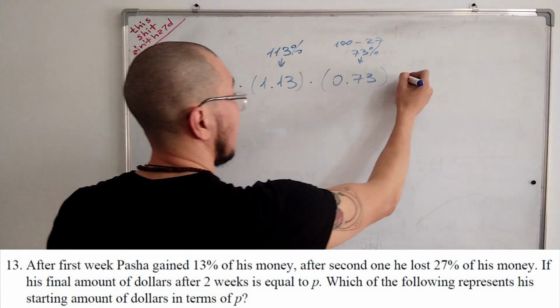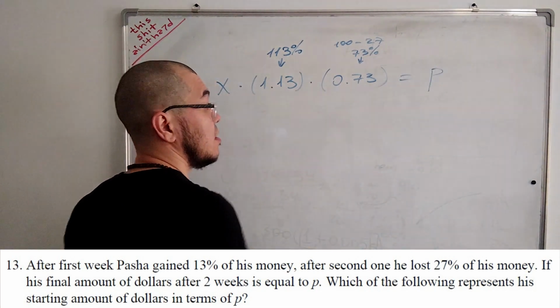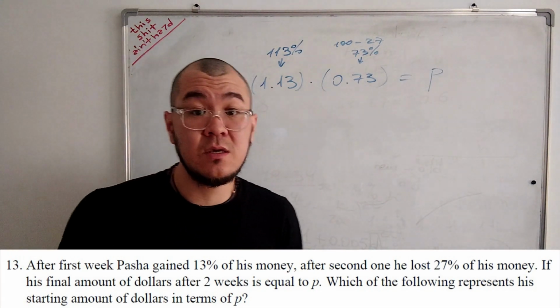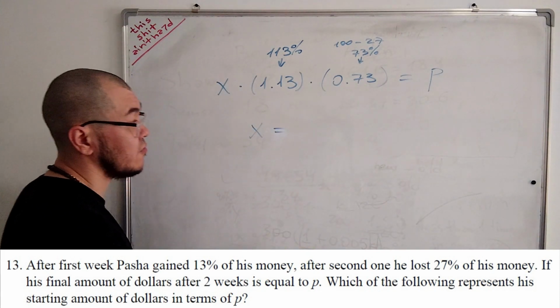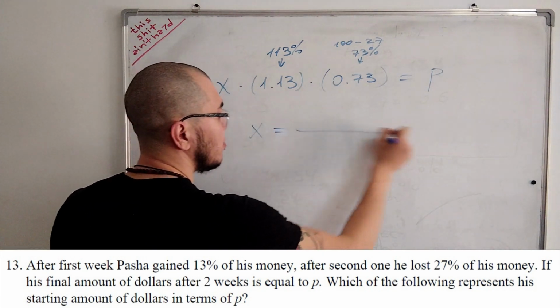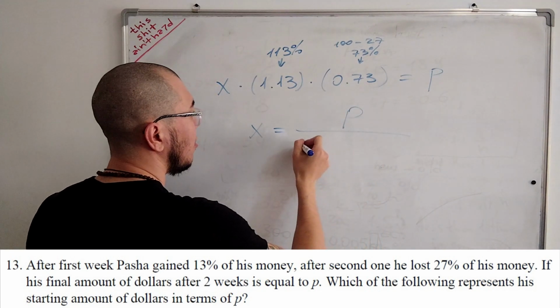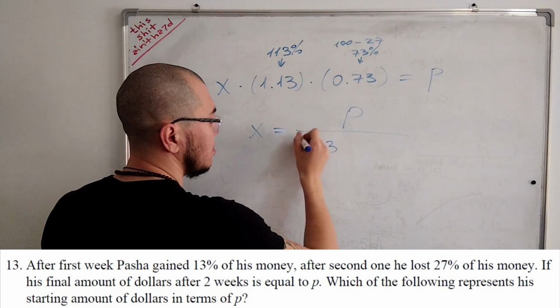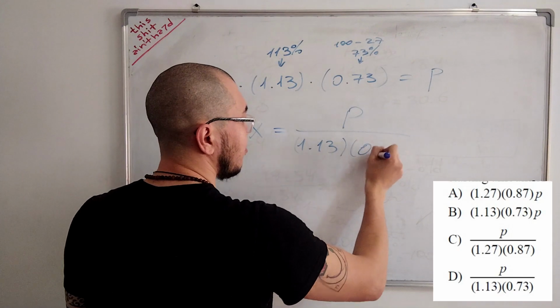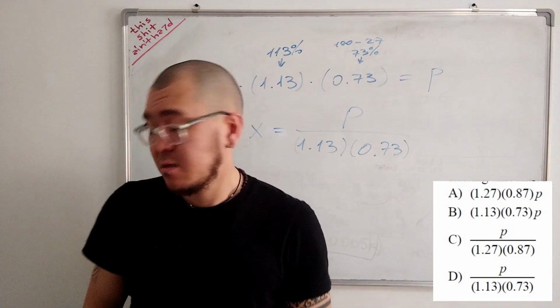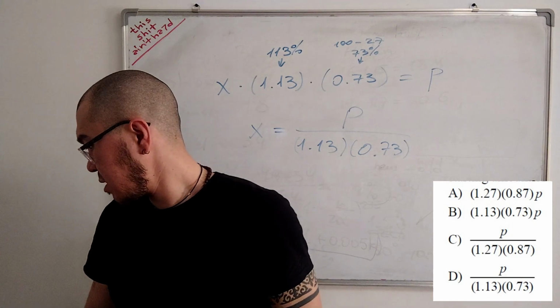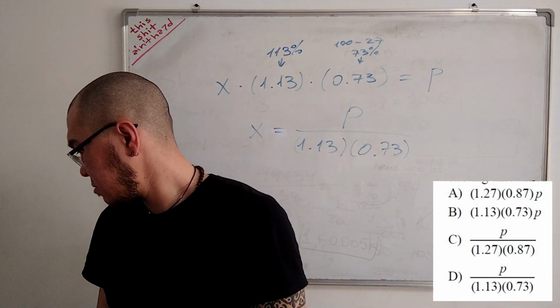And after these 2 weeks, he has P dollars left. So the starting amount of money will be equal to P over 1.13 times 0.73. Easy one, guys. Answer is D.